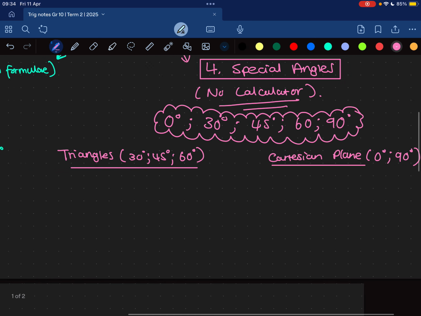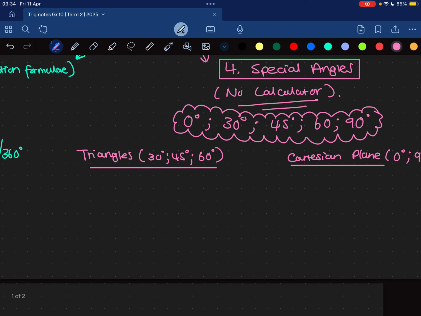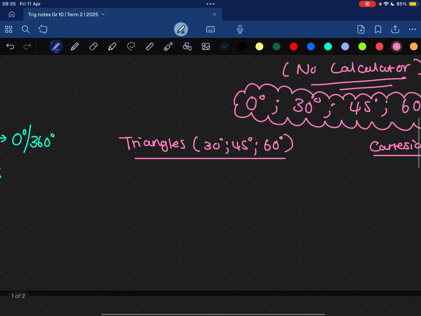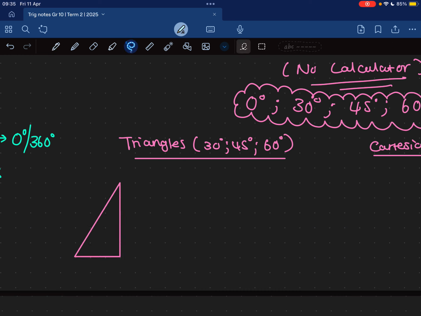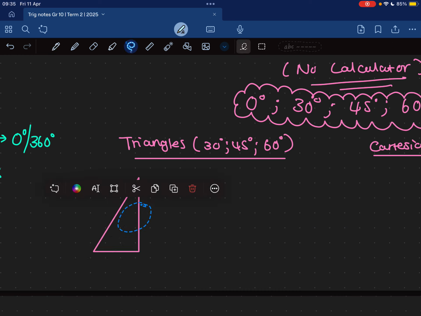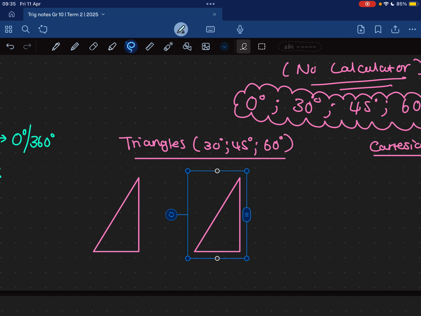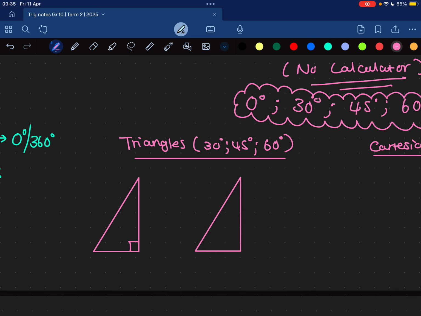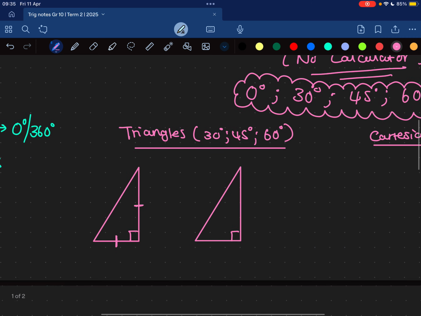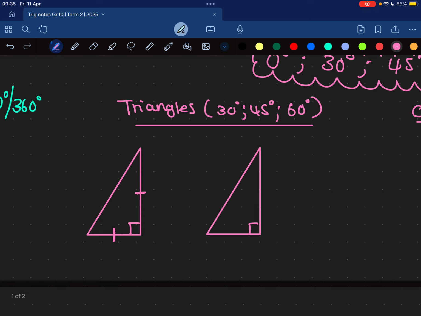So, if we look at the triangles, there are two triangles that you have to learn off by heart. The first triangle is for the 45 degrees. Both triangles are going to be right angle triangles. The first one is going to be an isosceles triangle, which means that we'll have two sides that are equal to one another.